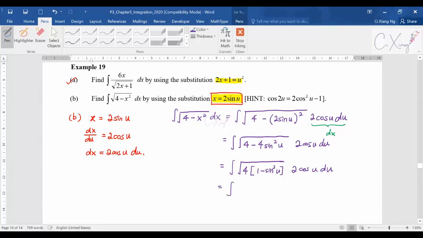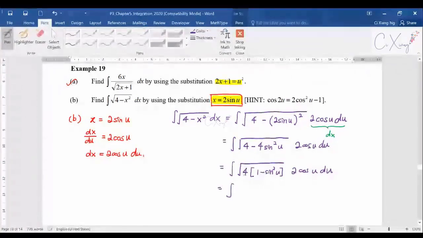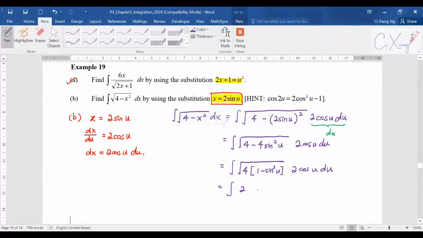If I continue further, square root 4 is 2, and the square root I just keep. 1 minus sine square u, I can rewrite as cos square u, and then I'm having 2 cos u du.